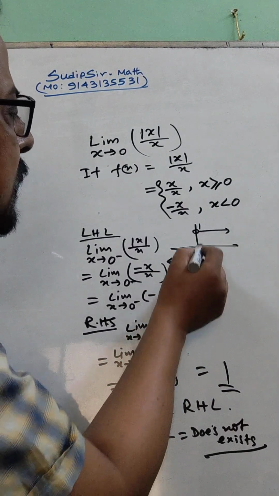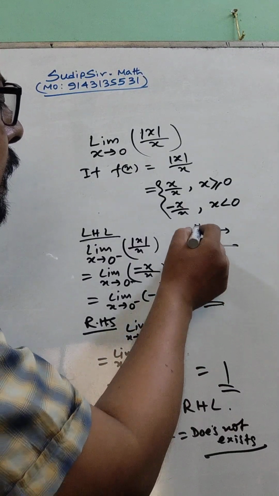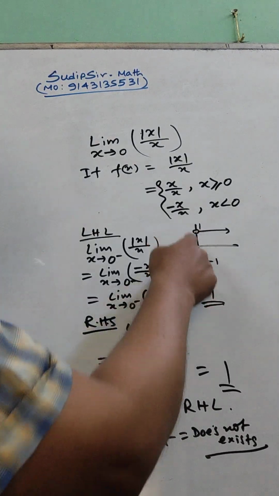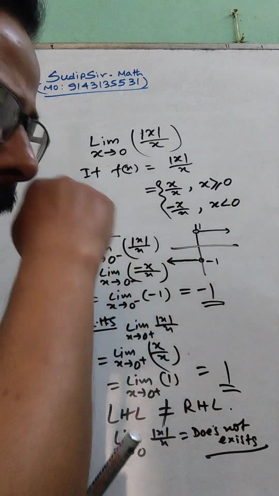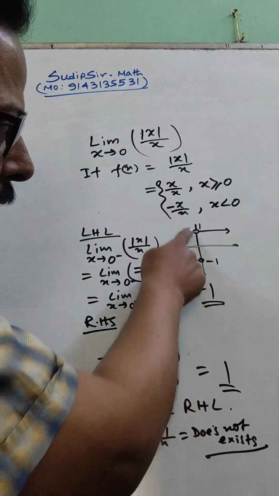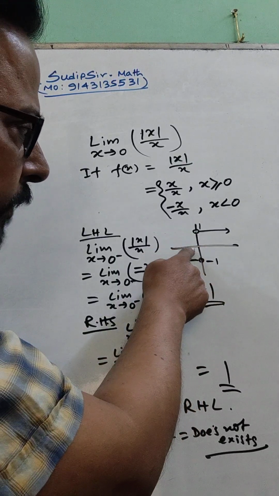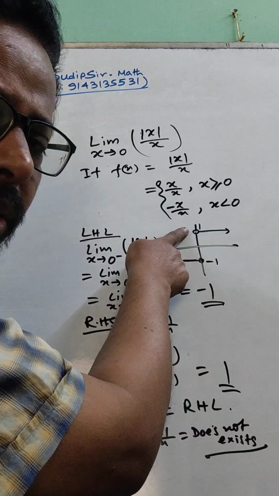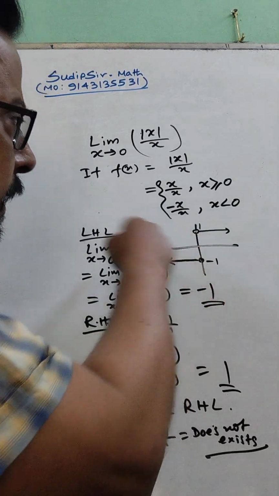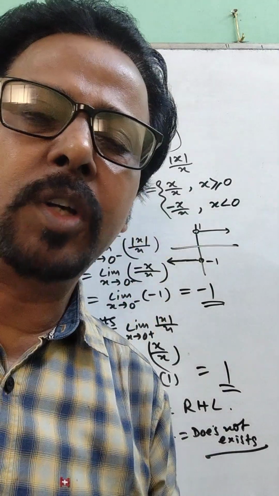So at x equal to 0, the graph is broken. That's why the limit does not exist. At 0 plus the value is 1 and at 0 minus the value is minus 1.